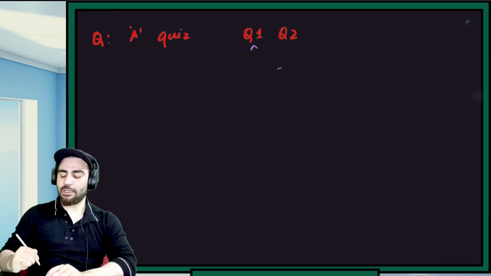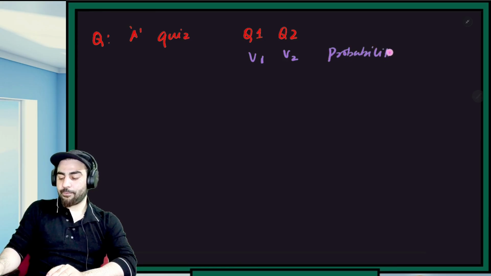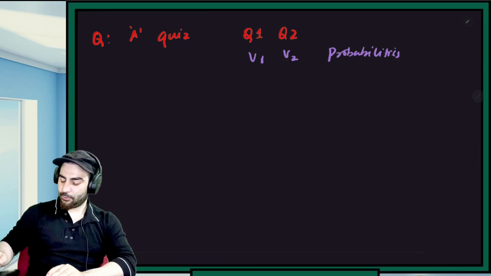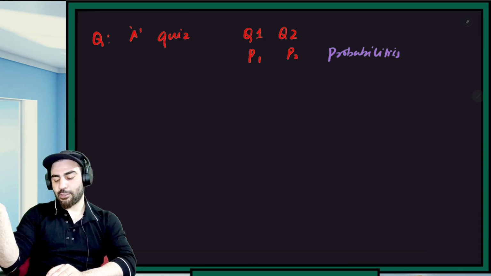Let's suppose the probability of getting the first question right is V1, and the probability of getting the second question right is V2. Actually, let's not consider these V1 and V2 as probabilities. Let's consider P1 and P2 as the probabilities: P1 is the probability of getting question 1 right, and P2 is the probability of getting question 2 right.